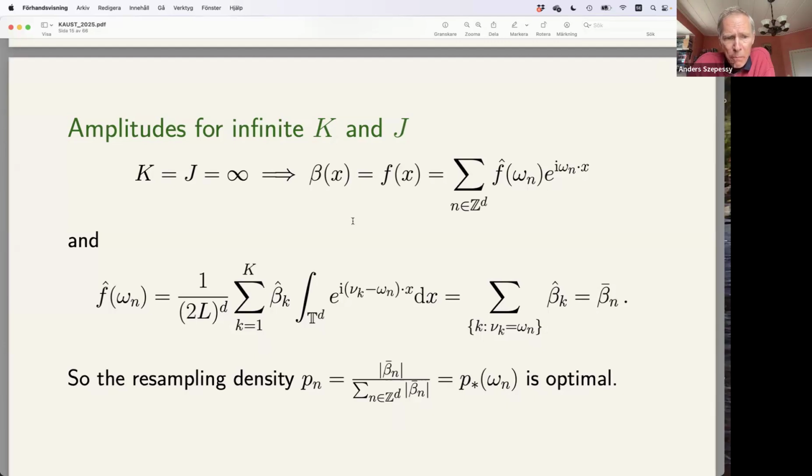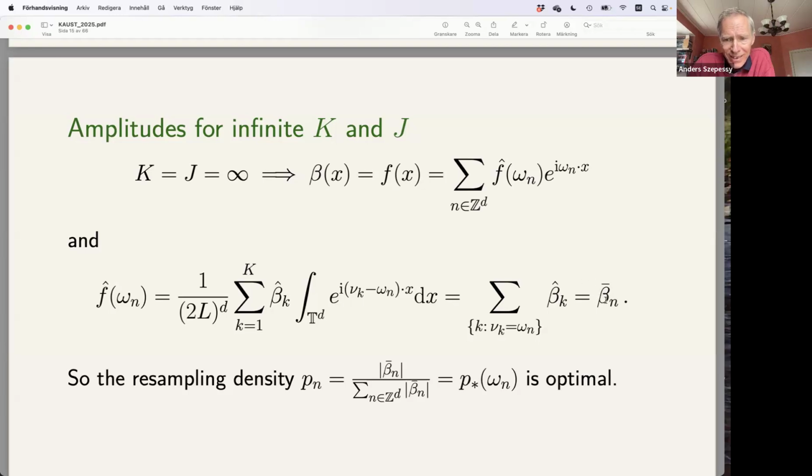So if we compute the Fourier coefficient based on this function, then we see that the neural network, the sum of the amplitudes related to this Fourier coefficient, would be this beta bar.